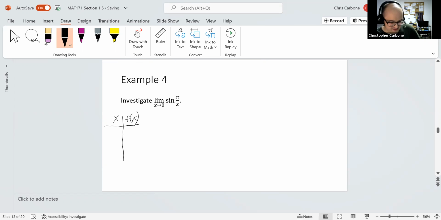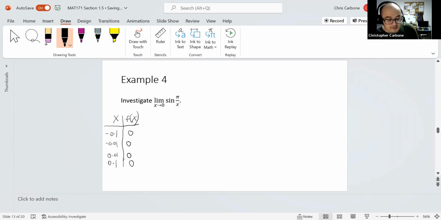Might as well do it this way first. If we put in a value of, let's say, negative 0.1, for x, we get a value here of 0. If we put in negative 0.01, we also get a value of 0. Likewise, if we put in a value of positive 0.1, we get 0. If we put in positive 0.01, we also get 0.